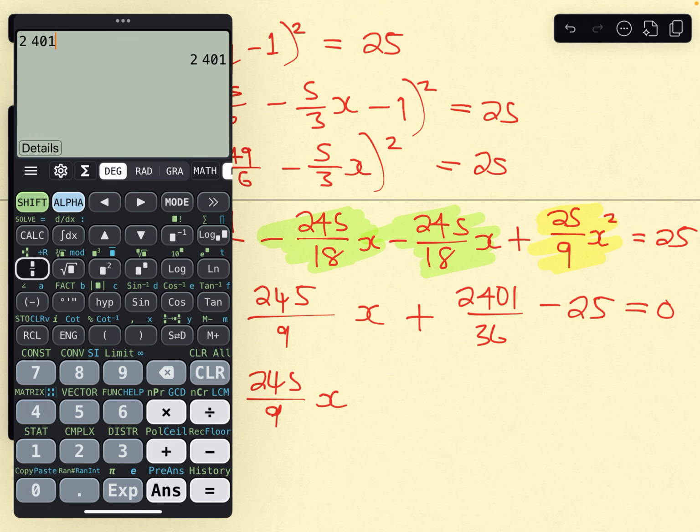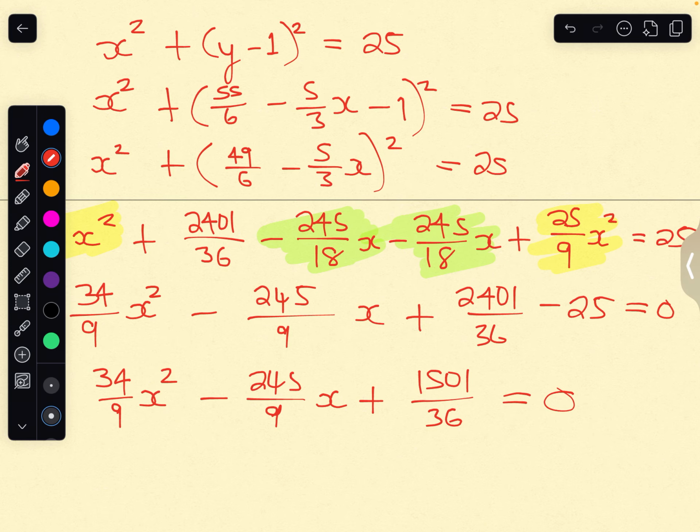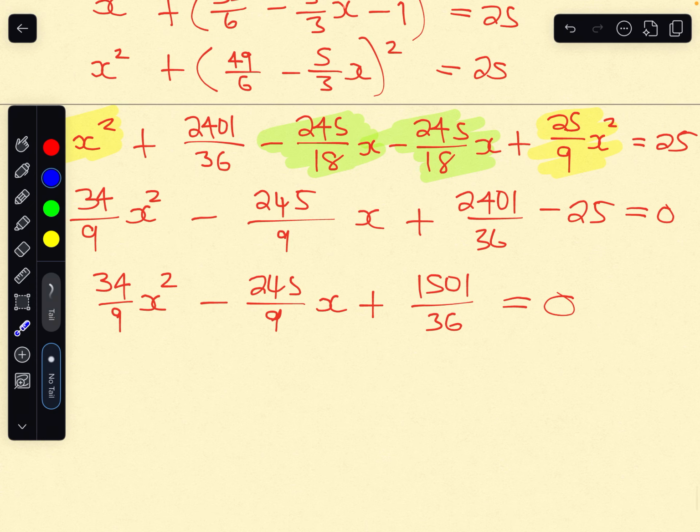So 2401 over 36 minus 25. So that gives us 1501 over 36 is equal to 0. Then we could multiply through by 36. 9 goes into 36, so that would get rid of those denominators as well as this one.